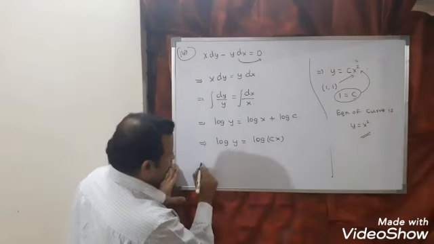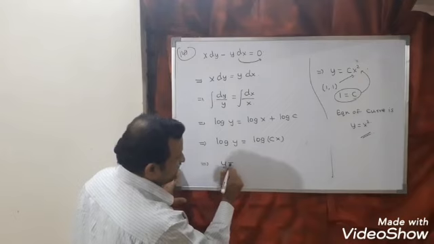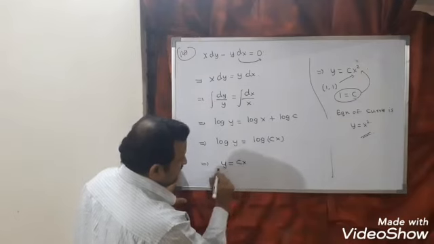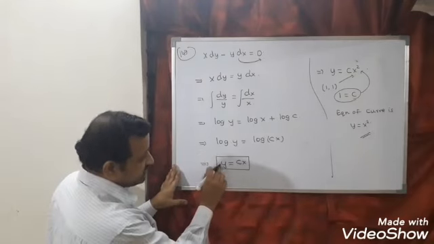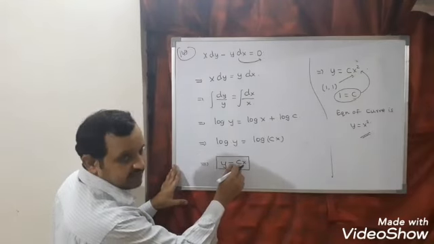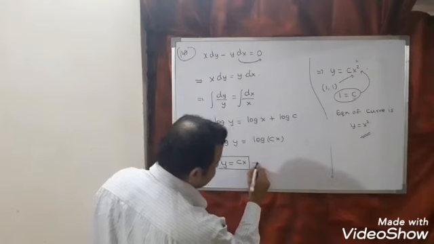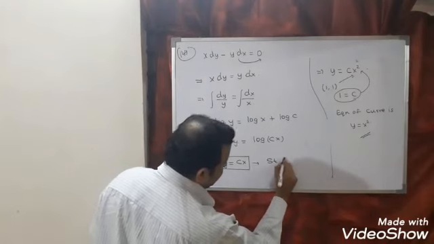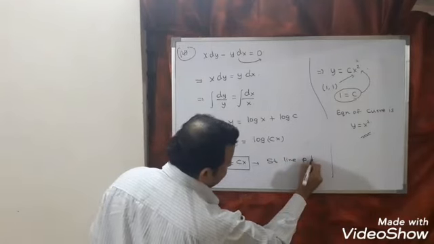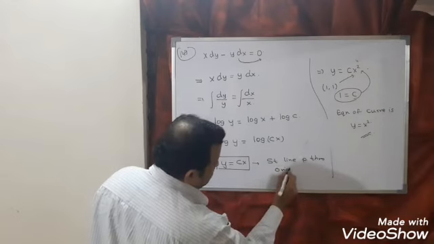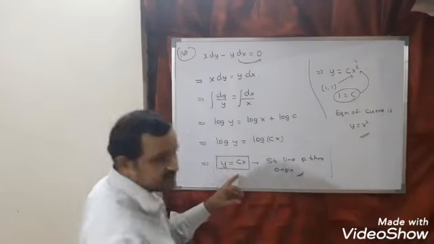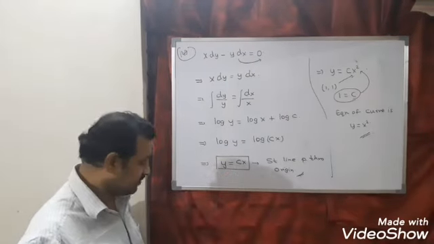Now log will get cancelled. This is nothing but y is equal to cx. And what does this equation represent? You can see here 0 comma 0 will satisfy, or I can say this is nothing but a straight line passing through origin. So this equation represents a straight line which passes through origin.